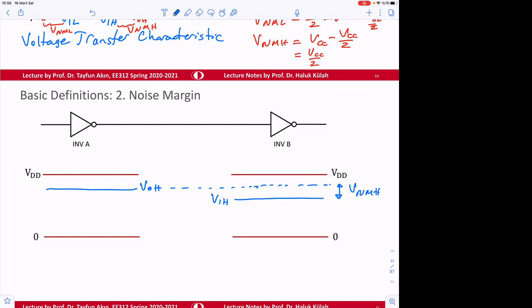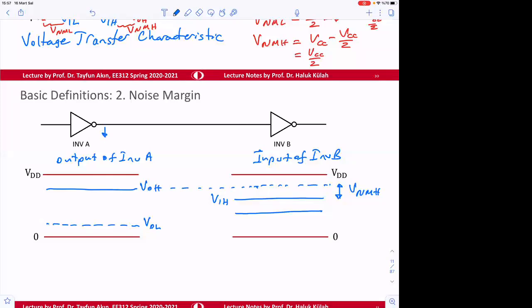Okay, so here the output of inverter A, and this is input of inverter B. So when this one says that I'm giving you low output, V output low, it should be less than this value.